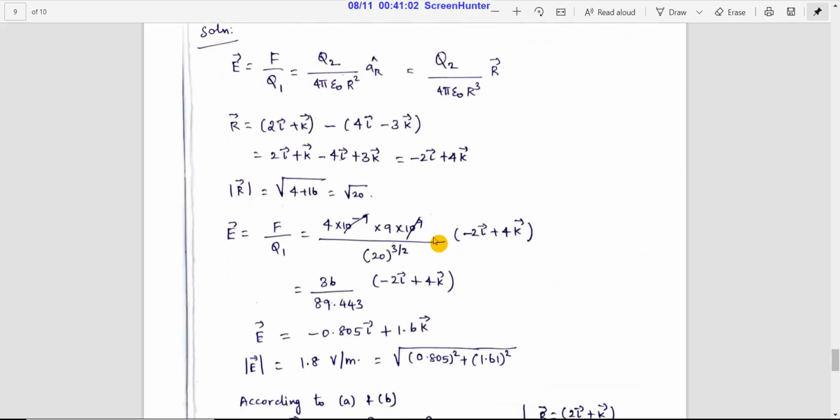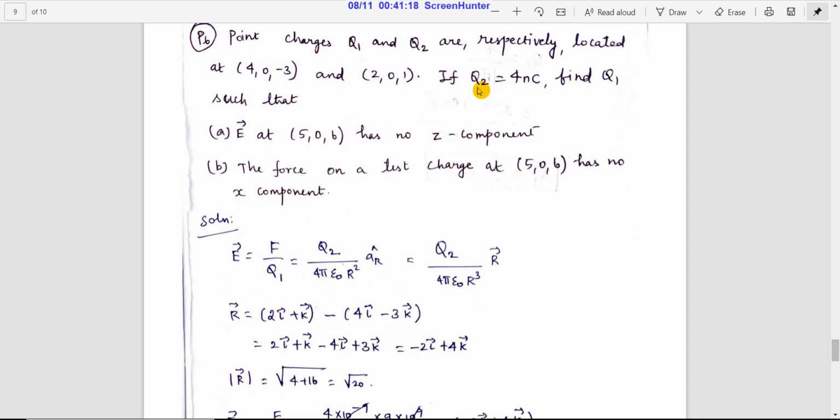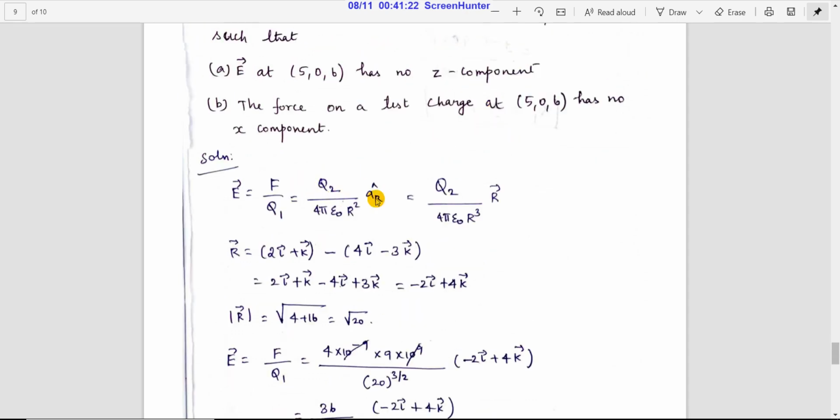So first we are going to find out the electric field, that is F divided by Q. Or if you are having the electric field formula, then Q2 divided by 4 pi epsilon naught R square, because we are going to find out the electric field due to this Q2 charge in air.